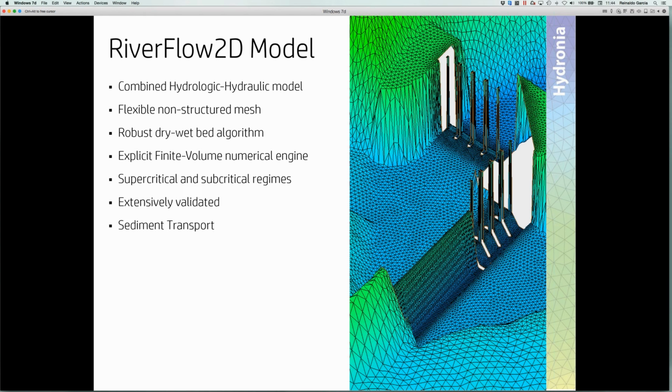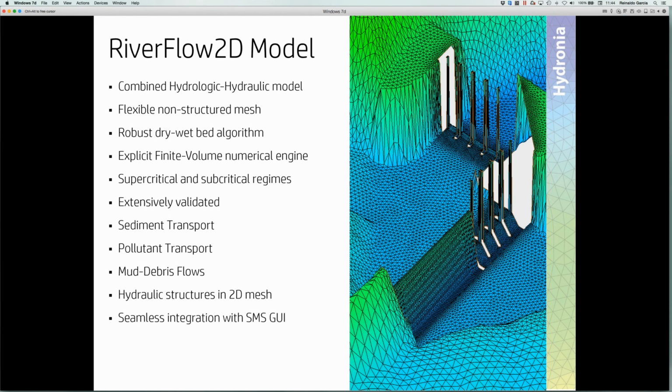It's been extensively validated. It has sediment transport, pollutant transport, mud and debris flow modules. It can do hydraulic structures in 2D. It's fully integrated with the Aquaveo SMS GUI, which is now the main entrance to the model.